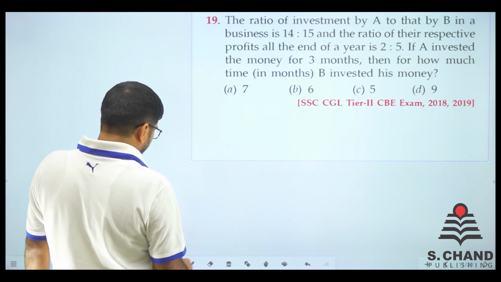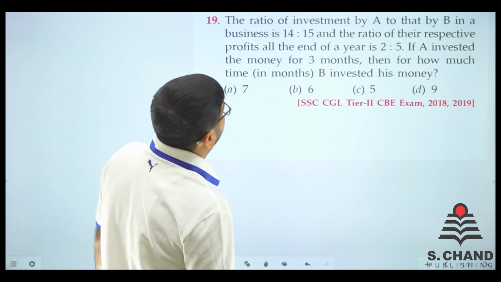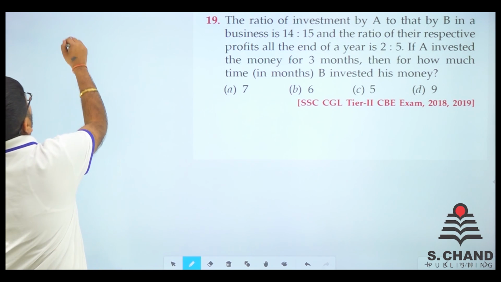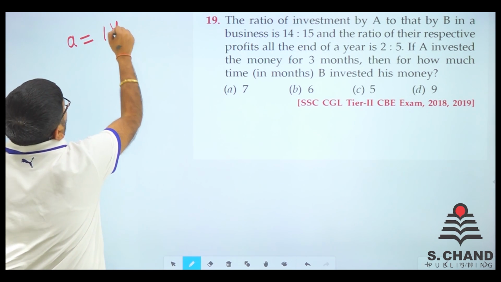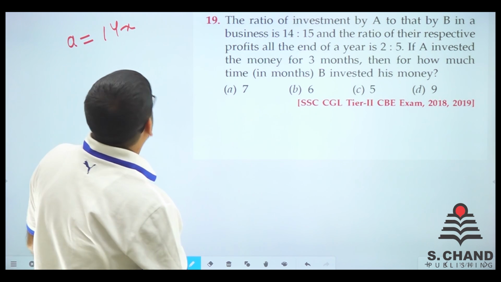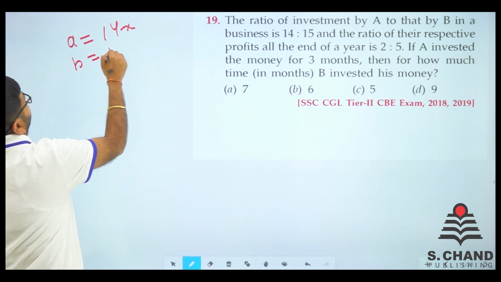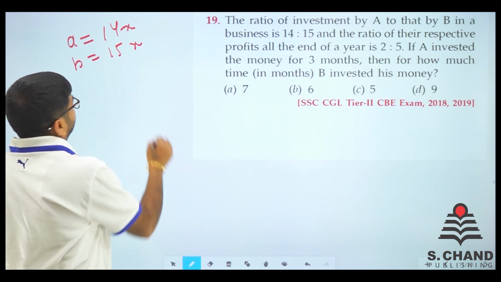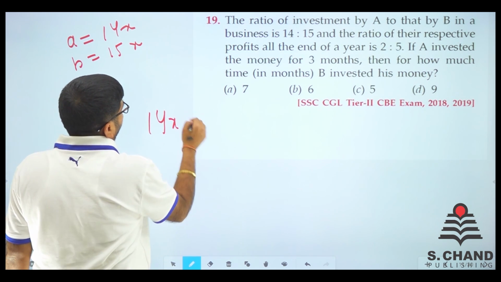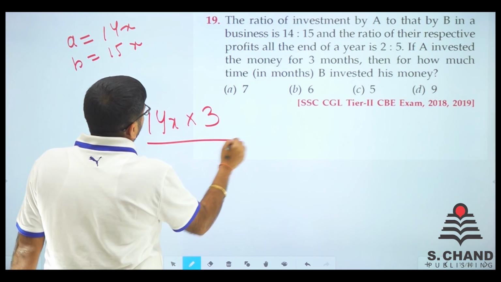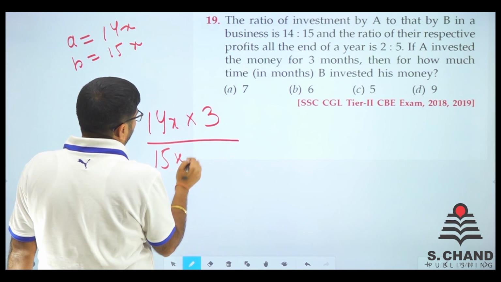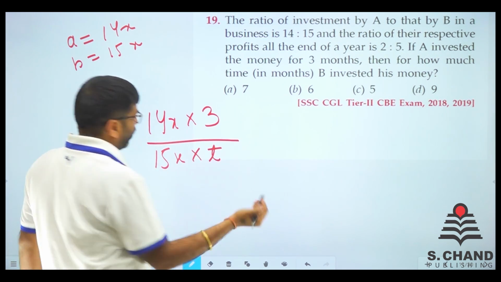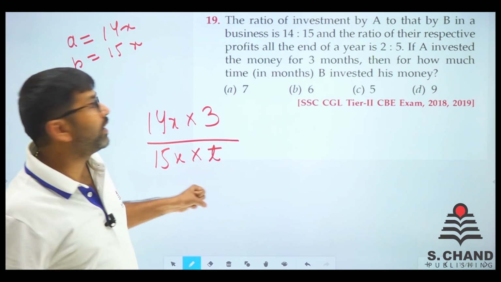Let's suppose there are two persons, A and B. A invested money 14x, and B invested 15x. So we know that 14x was invested for 3 months and 15x was invested for time, say for example, we don't know the time. We need to find that time.